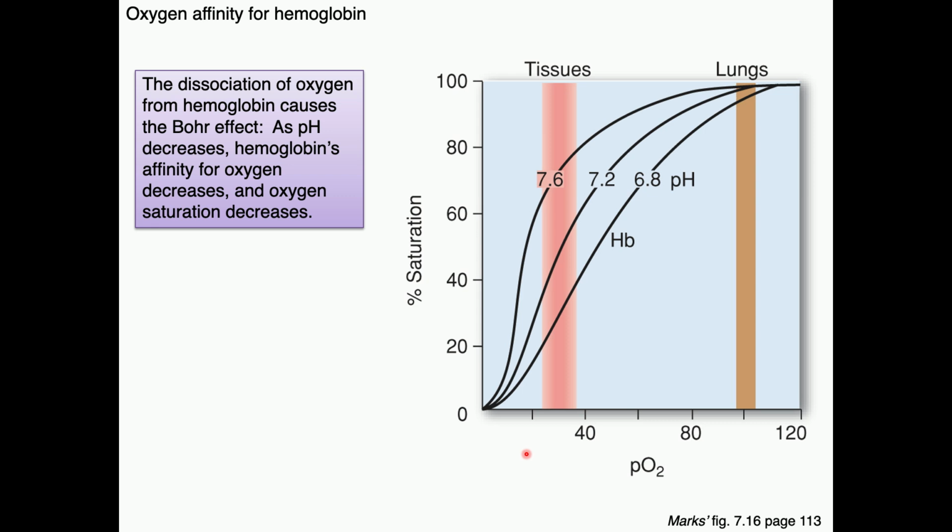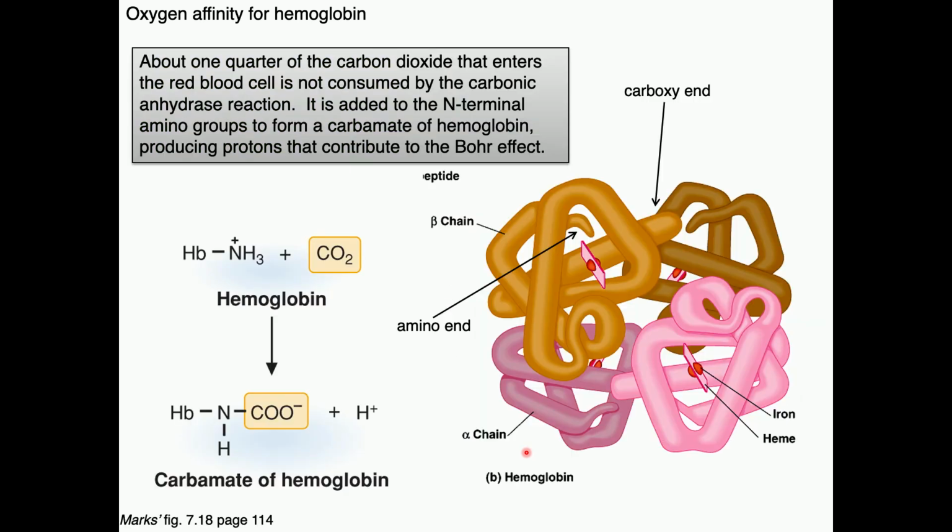Okay, so the second thing that will change the affinity of hemoglobin to oxygen is carbamation. This is a significant but lesser metabolic fate of carbon dioxide as it enters into the red blood cell that can make a covalent bond to the amino terminus of the hemoglobin protein chains and make kind of a pseudo carboxylic acid end on both sides of the protein.